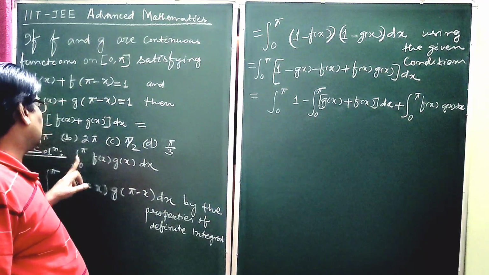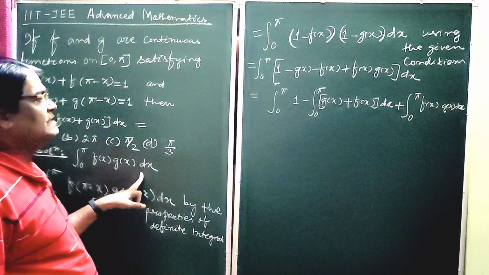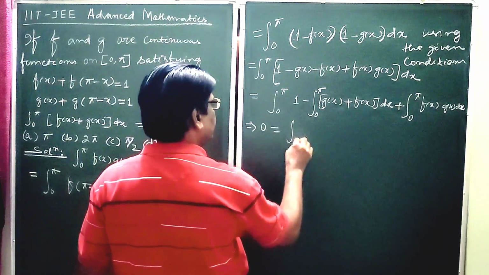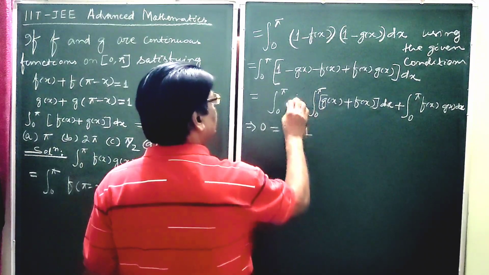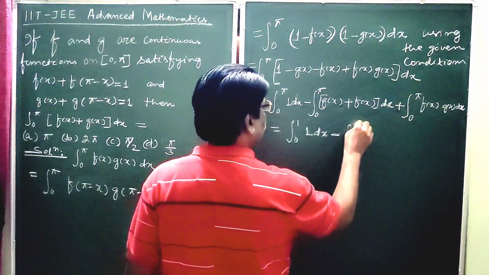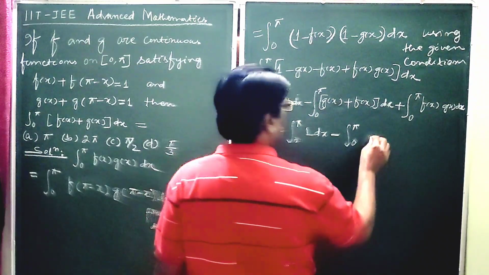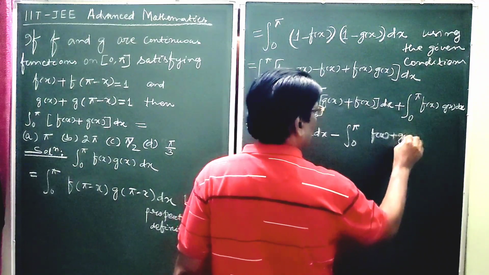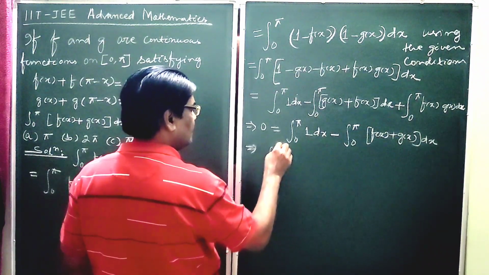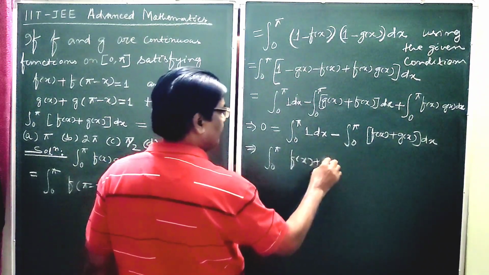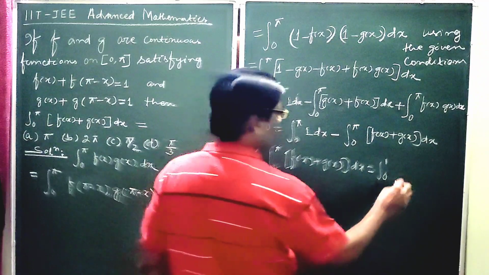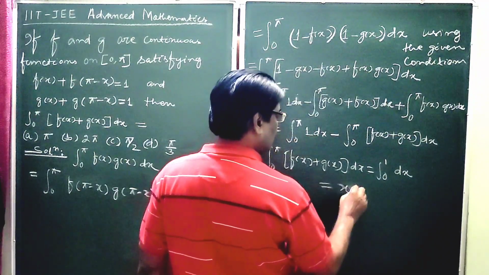Now cancelling it from both sides, we get 0 is equal to the integration from 0 to pi of dx minus the integration from 0 to pi of f x plus g x dx. This implies the integration from 0 to pi of f x plus g x dx is equal to the integration from 0 to pi of dx.